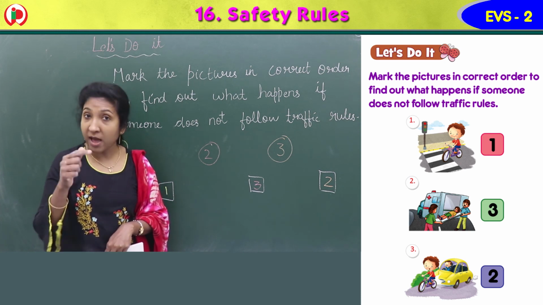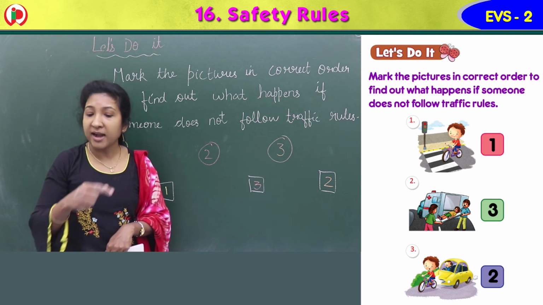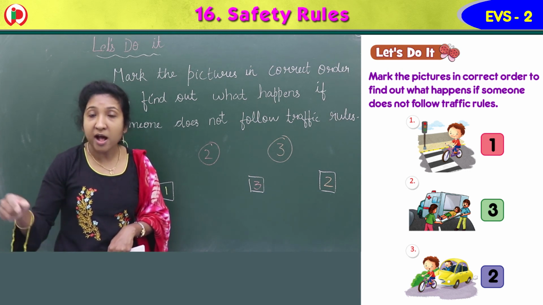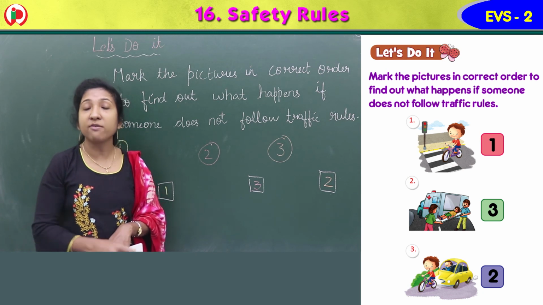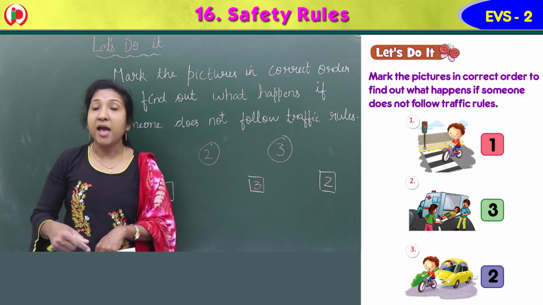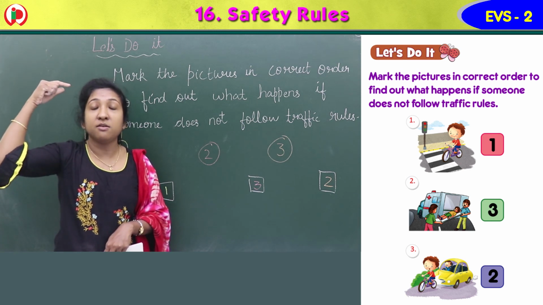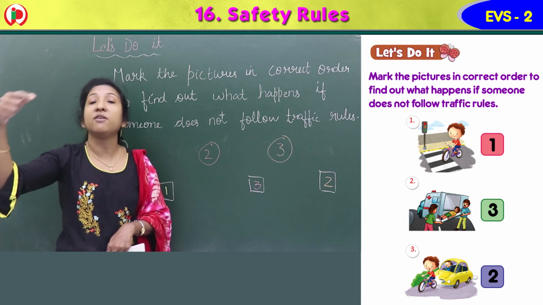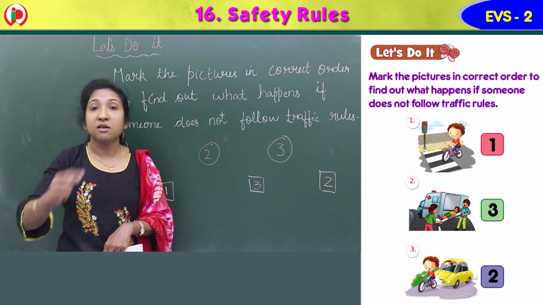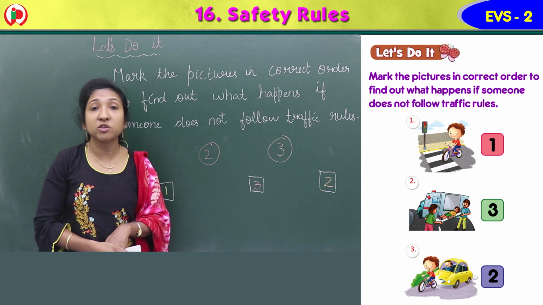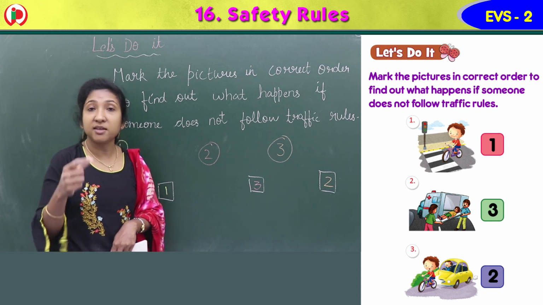If you have a cycle, you should ride it near your house, or somebody should be there along with you while riding. And we should not take the cycle to the main road, the busy road where all other vehicles are traveling. For that you should not take your cycle there, isn't it?